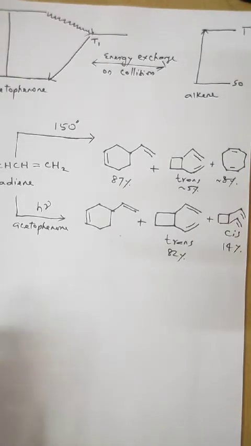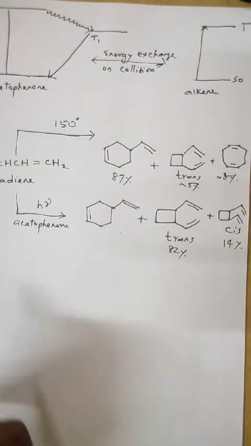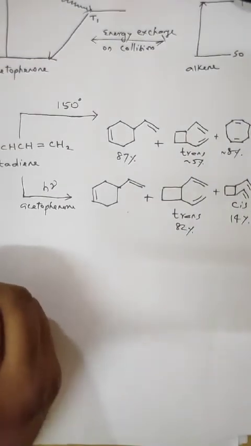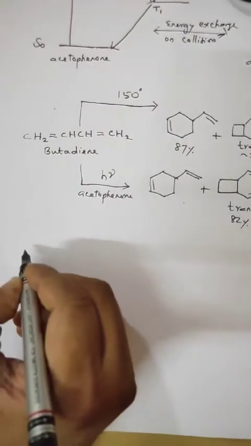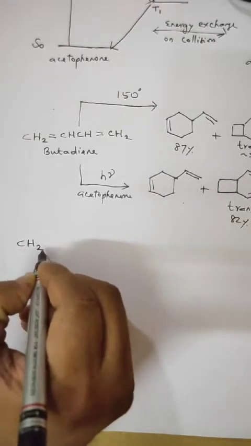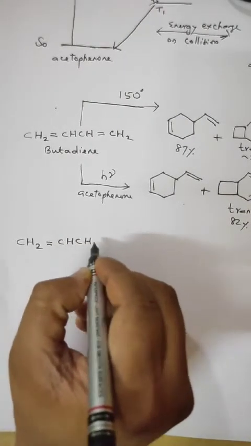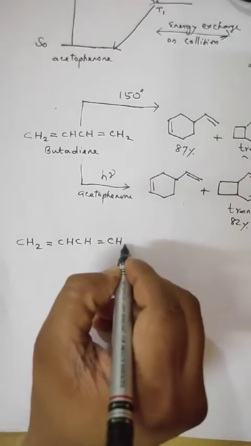In the case of photochemical cycloaddition, the products of butadiene depend on the sensitizer used, that is CH2 double bond CH, double bond CH2.